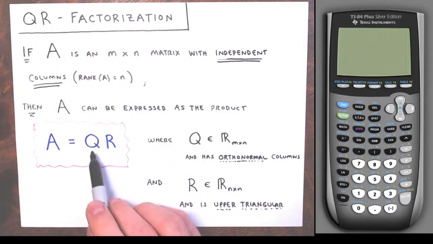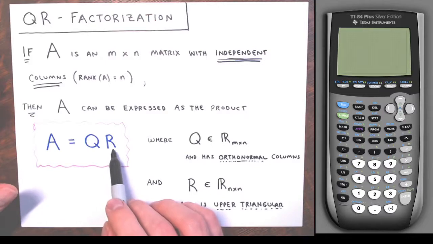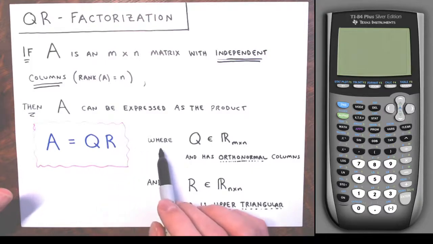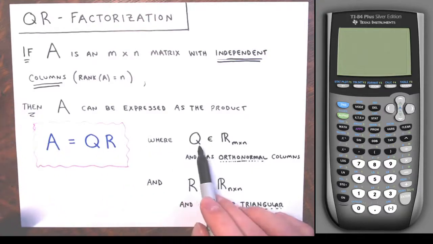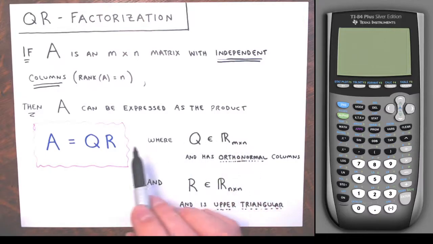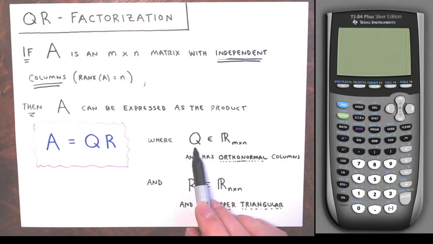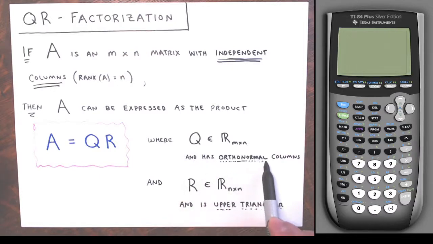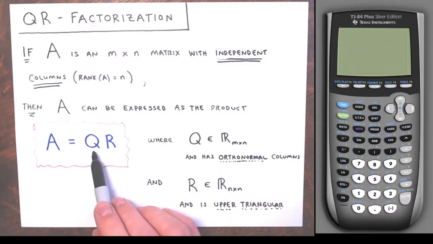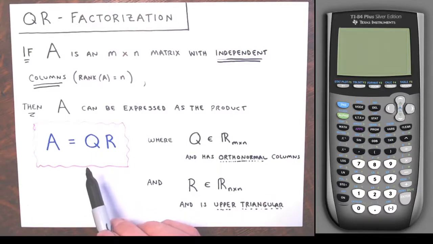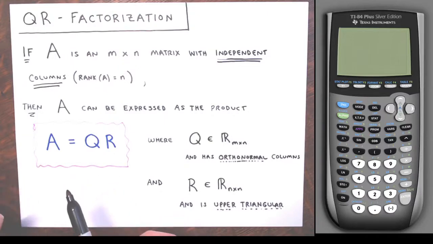The product of a matrix Q times a matrix R, where Q is an m by n matrix, so Q has the same size as A and has orthonormal columns. So the columns of Q form an orthonormal set, meaning they're pairwise orthogonal and all unit vectors.